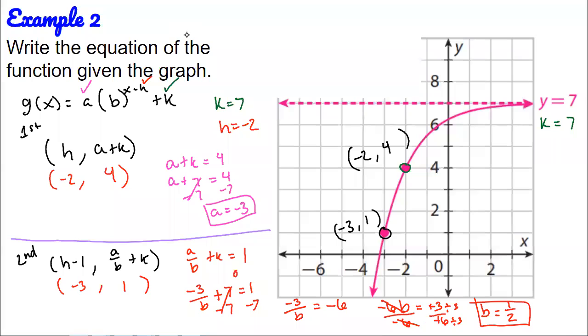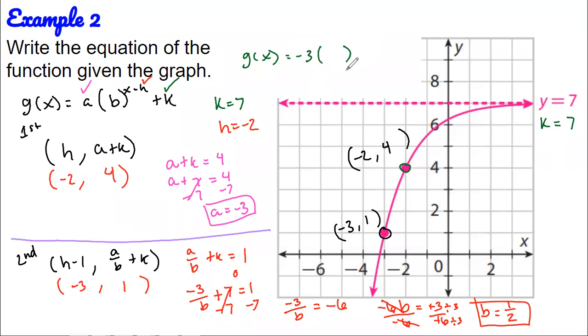So what would be my equation here? Let's see, who can help me? Adriana. Let's go ahead and randomize them. Remember your numbers. A is -3, perfect.